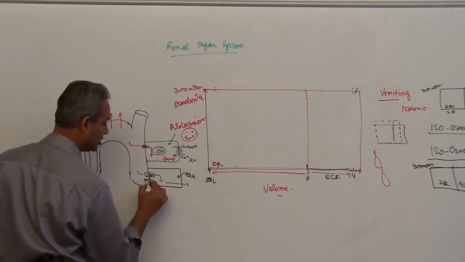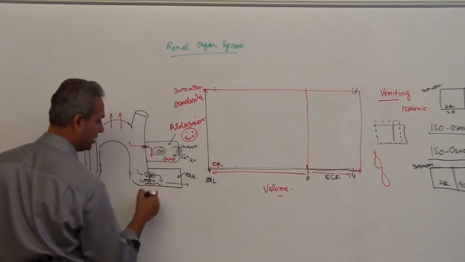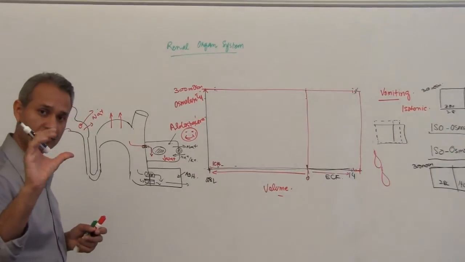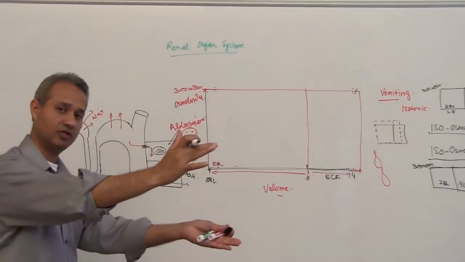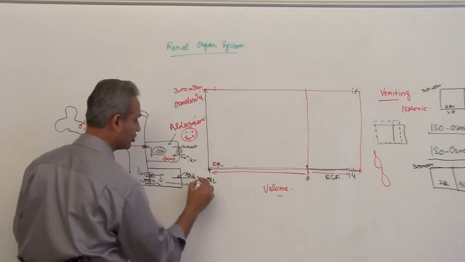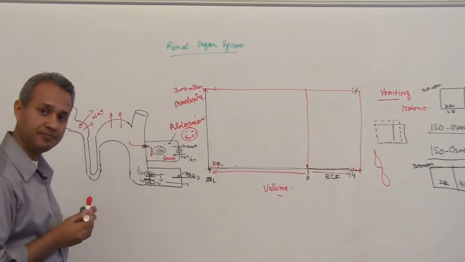Water can actually move into the cell just in general by osmosis, but when we put in the aquaporins, these are like big pipes which you insert in the cell membrane, and the water just comes gushing in, and from there it goes back into the blood.